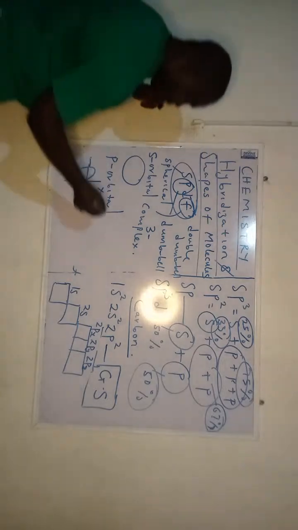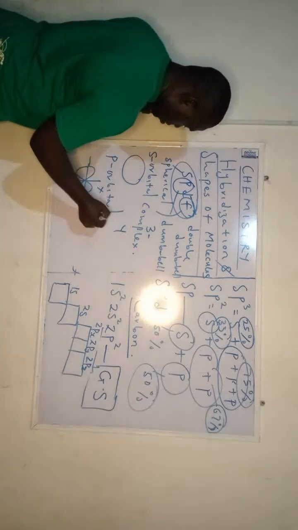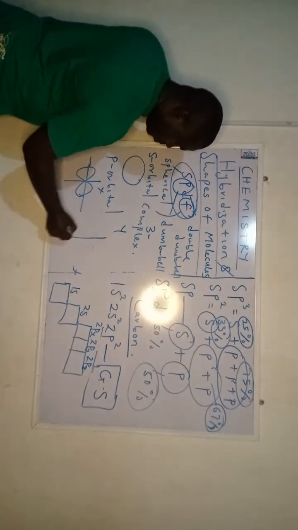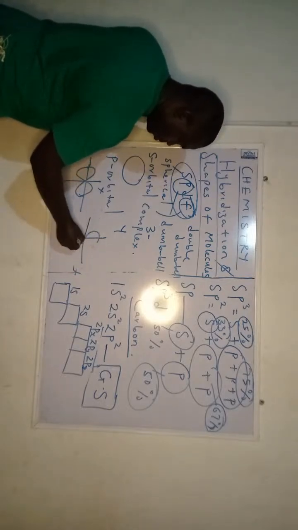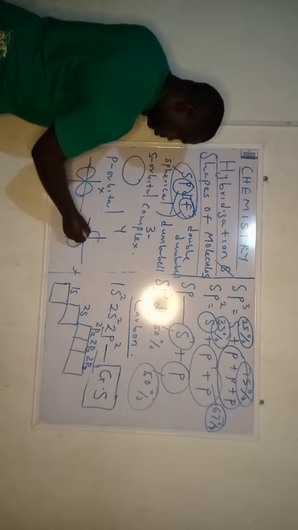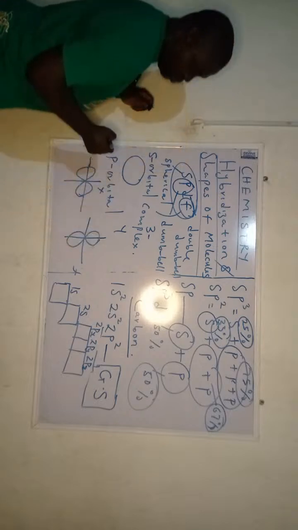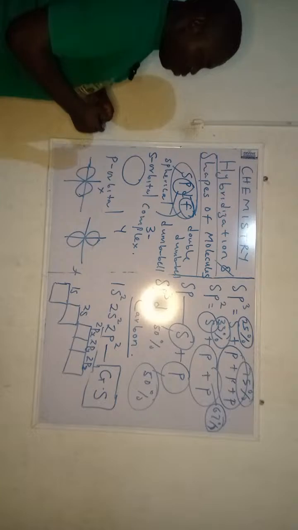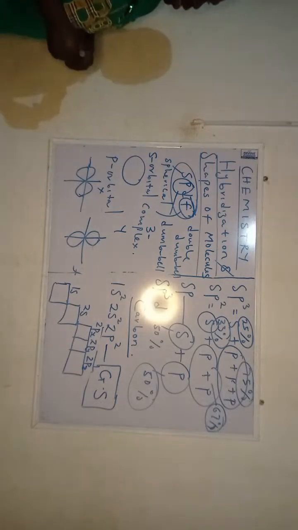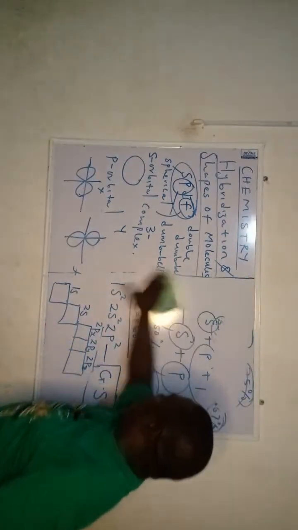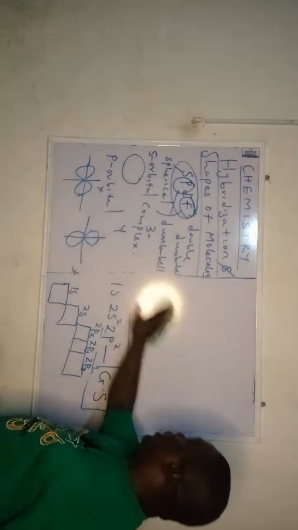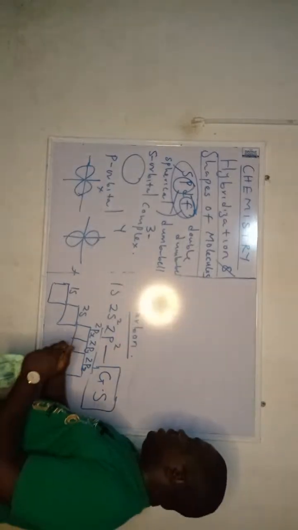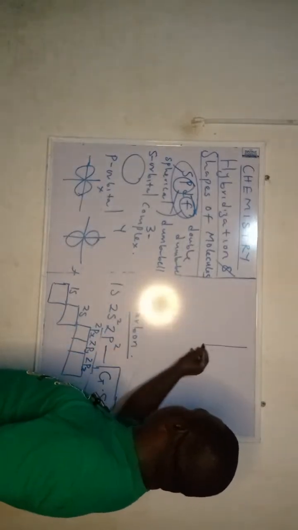And then we have for y, that's for y. Now, I guess you are following now. Then how about the z? The z now is this way.